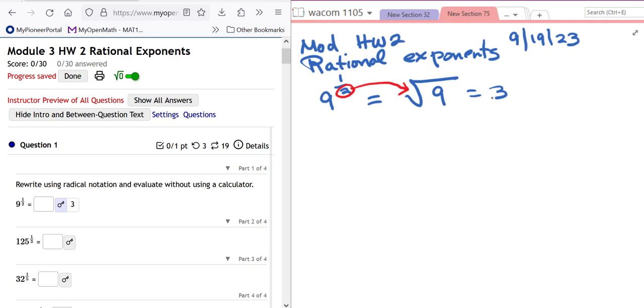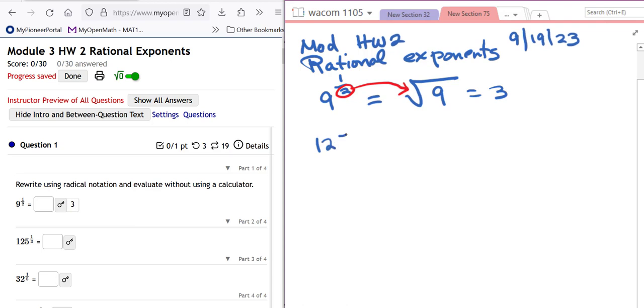Right, the next one gives us a different root, 125 to the 1/3. So just switching. This time your index is a 3, so you have to write the 3. 2 is understood. So this will be the cube root of 125. You might remember that one is a perfect cube.